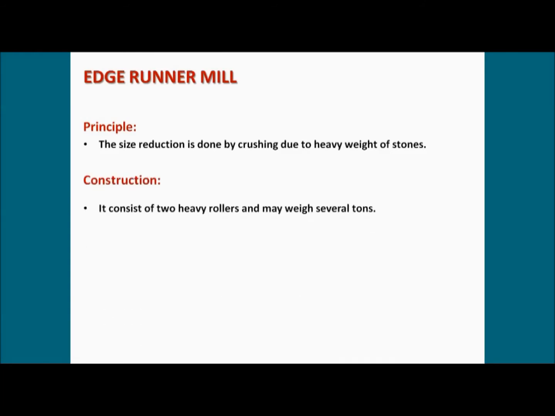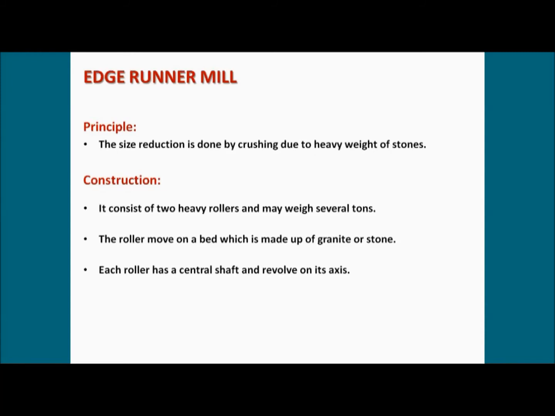So construction, if we see the construction, it consists of two heavy rollers. These rollers are generally made up of stones, and they may weigh up to several tons. The roller moves on the bed which is made up of granite or stone. I will show you how it moves.